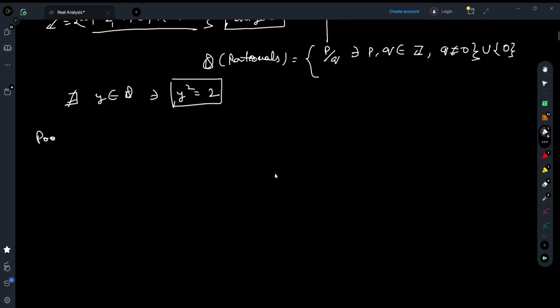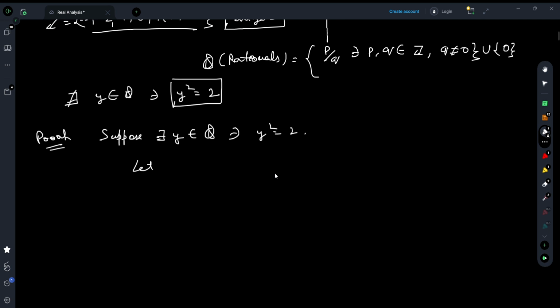So, proof. What we do is suppose there exists a rational number y such that y square is 2.